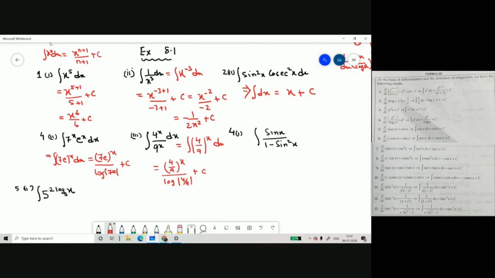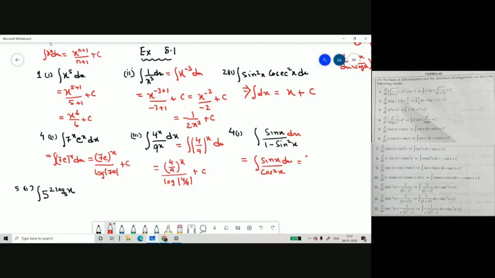Look at this. Integration of sin x by 1 minus sin square x. Now this, if you look carefully, can I write this as sin x by cos square x? I missed the dx over here.